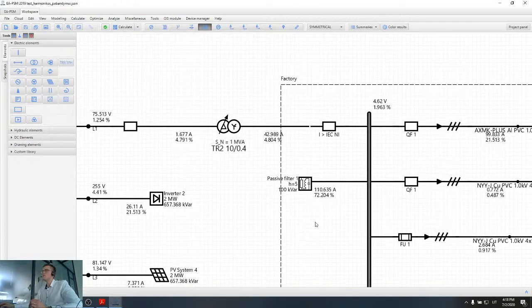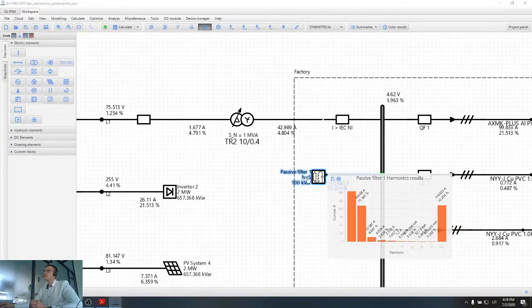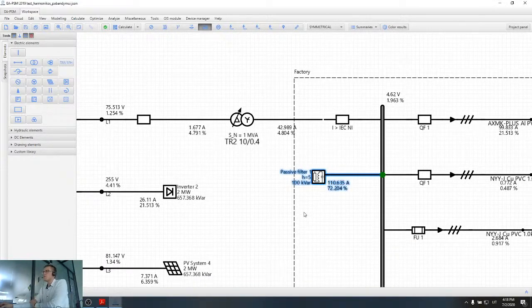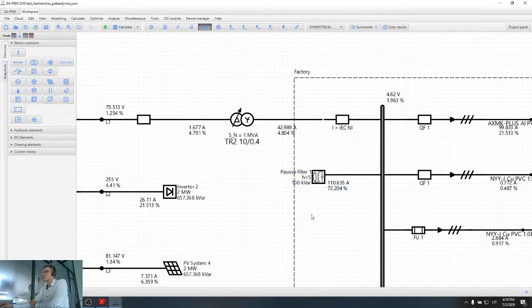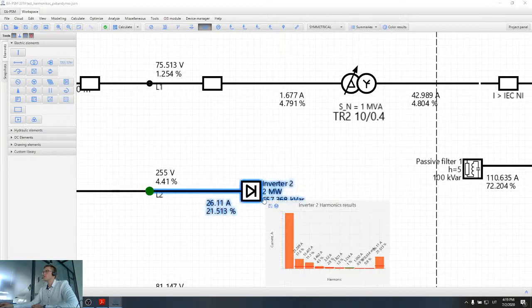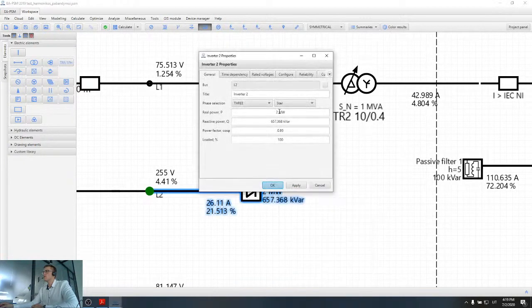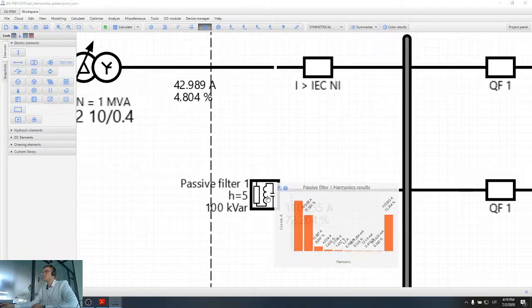So it's good. However, there are some problems regarding this tuned filter, and one of the major problems is that these tuned filters are very sensitive to what is happening in the distribution network. For example, if in the distribution network someone connects a more powerful load, say instead of 2 megawatt, let's connect a 4 megawatt load, this filter will overload.